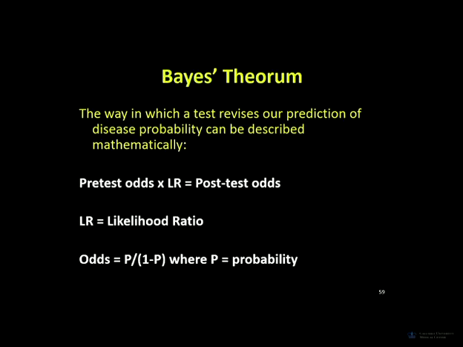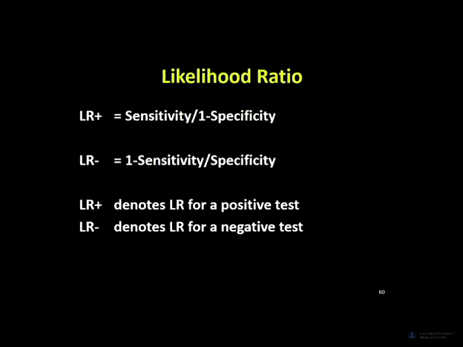So you may have seen, did you learn about odds ratios? Odds is simply probability over 1 minus probability. And likelihood ratio is a nice tool because it combines two aspects of the test, the characteristics of your test, the sensitivity and the specificity.